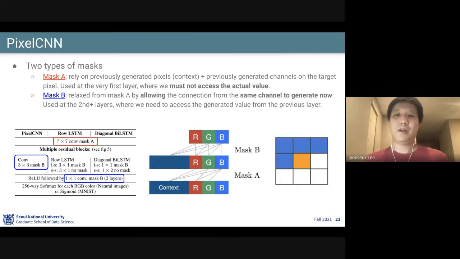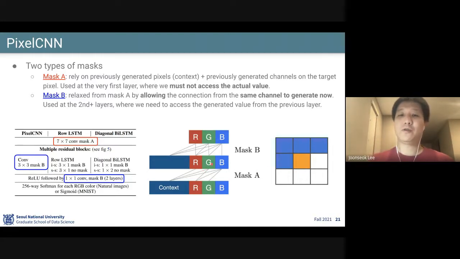So yeah, this part was really hard for me to understand, but now I'll try to explain it. They use 2 types of mask, type A and type B. Mask type A means when we generate R, we can access only the context. Here, the context means the previously generated pixels, which means when we generate the red color of this pixel, we are allowed to refer to only these blue pixels, the previously generated area only.